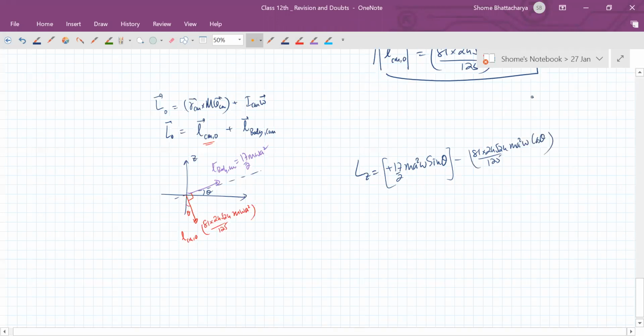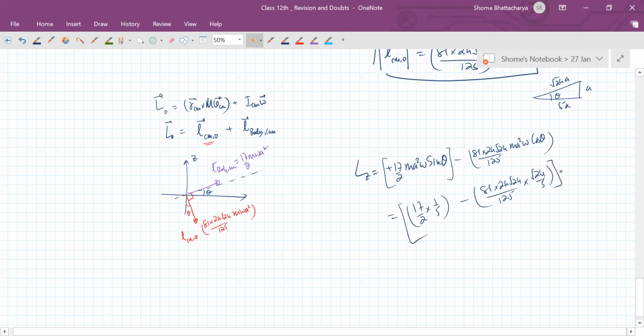We've seen earlier that the triangle was like this: theta was such that this was root 24a, this was A and this was 5A. So you can substitute these things. So 17 by 2 into sine theta, minus 81 into 24 root 24 by 125 into cos theta, where cos theta is root 24 by 5.